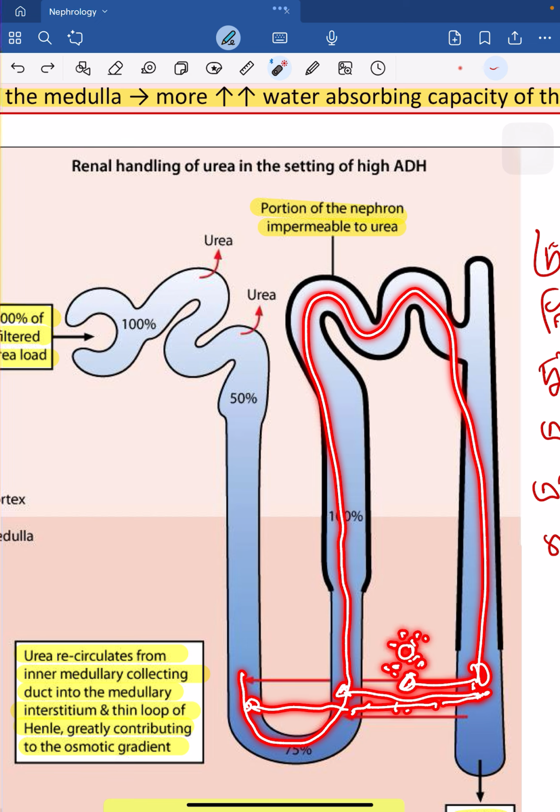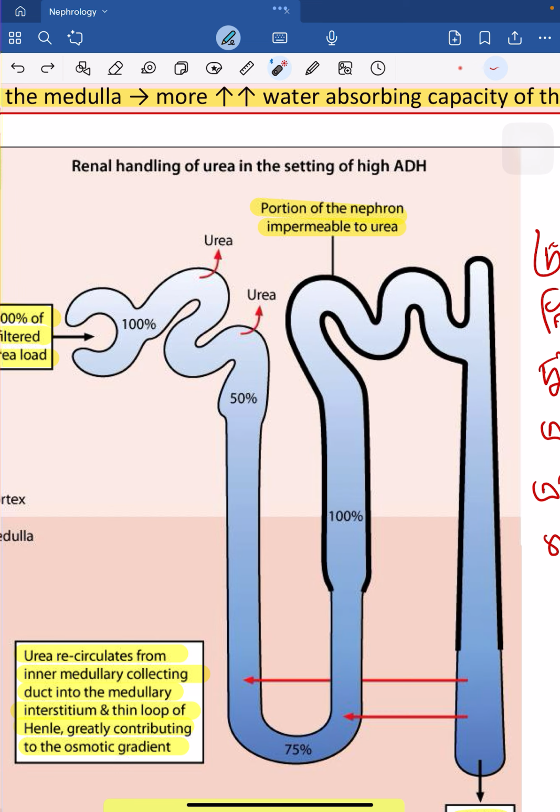Urea maintains high osmolarity, so water is drawn out of the collecting duct, and urea then goes to the loop of Henle. Again urea is cycled to the collecting duct, and this process goes on until the person is rehydrated. So this is the effect of urea to reabsorb water.